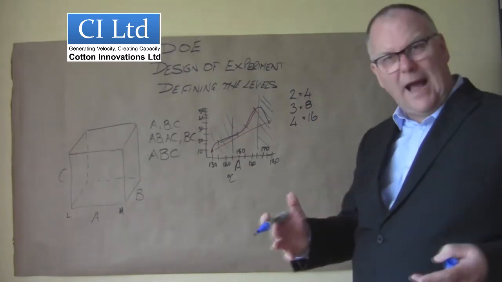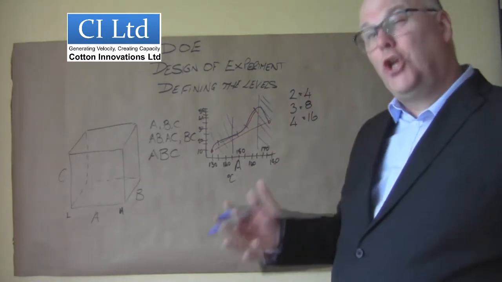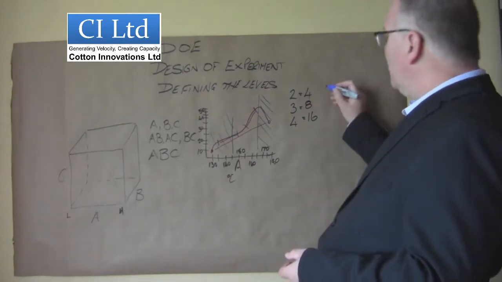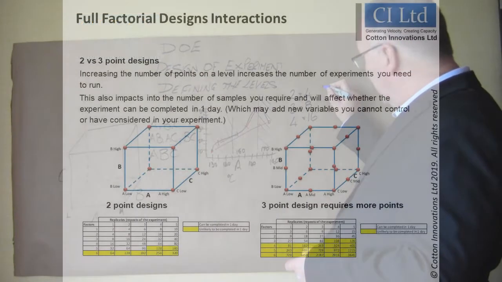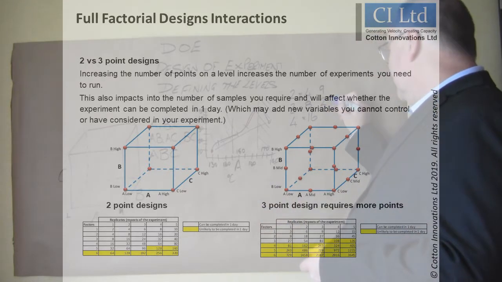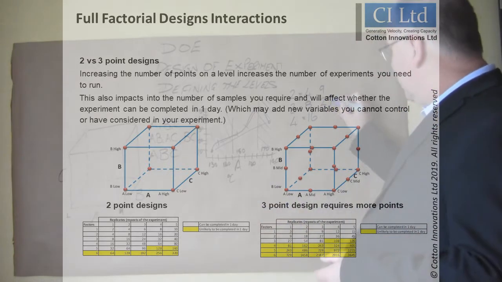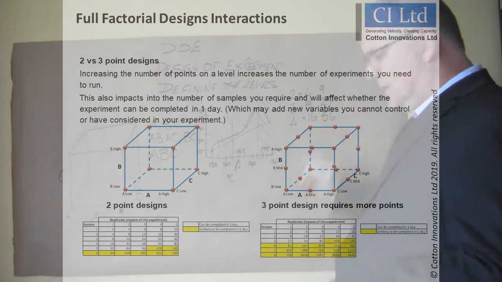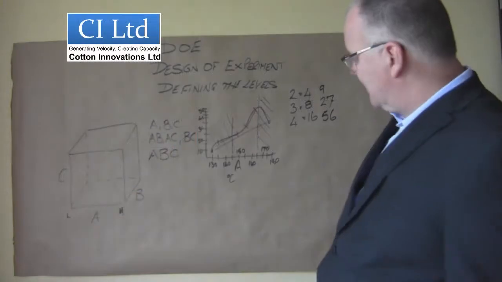This is going up by the power. If we were to consider the cube, 2 would put us at 9, 3 would put us at 27, and 4 would put us at 81, which immediately is too many experiments.